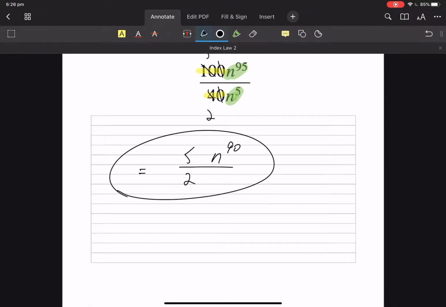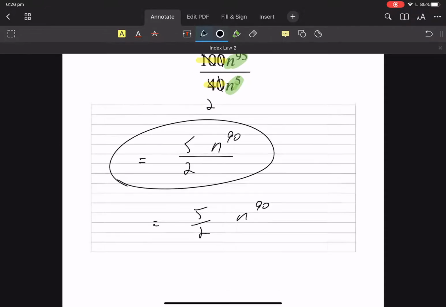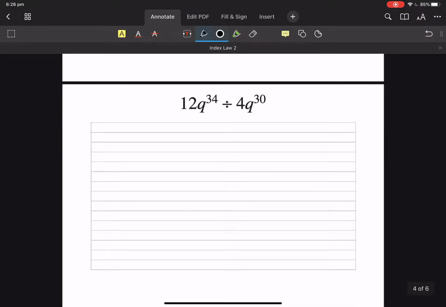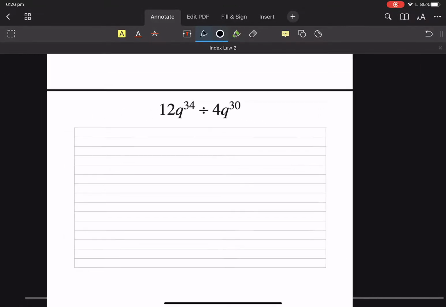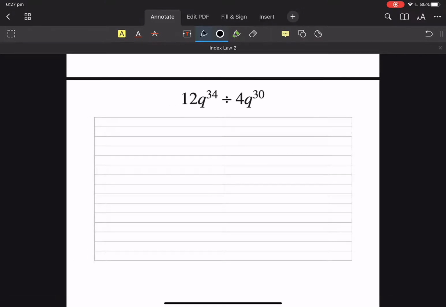You can also write it as like that. It doesn't really matter. Okay, so you can remember, I really, really don't want to see that divided by sign. So the first thing we do is we're going to write 12q to the 34 on 4q to the 30.